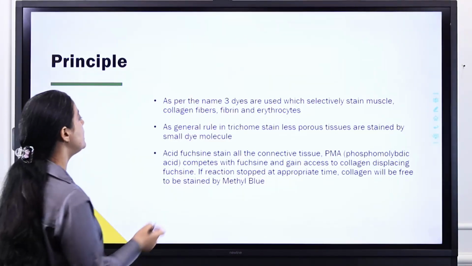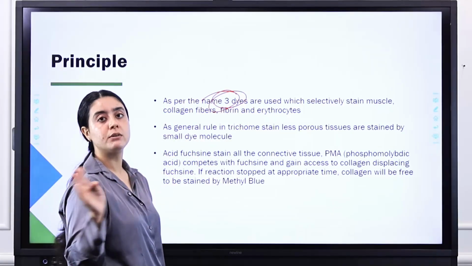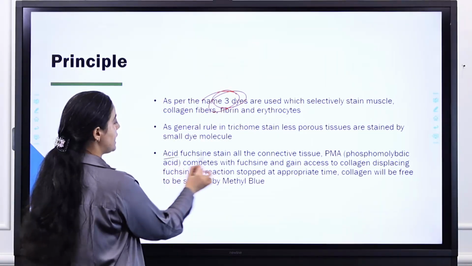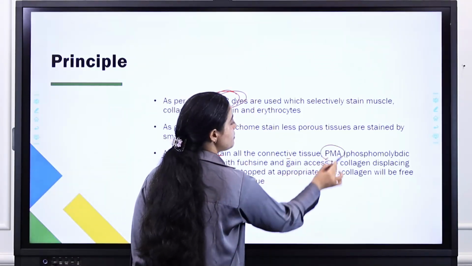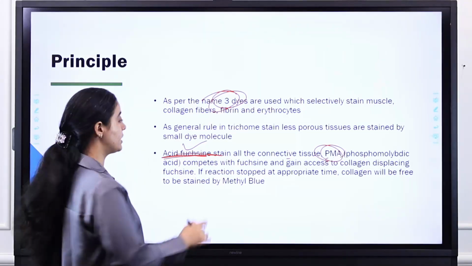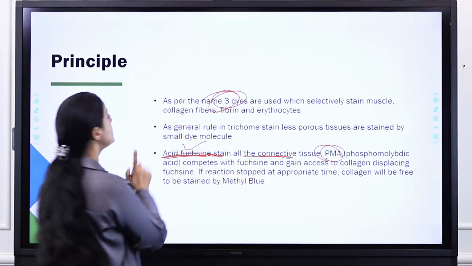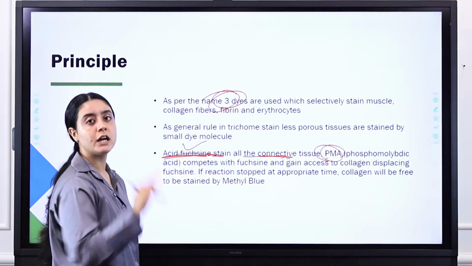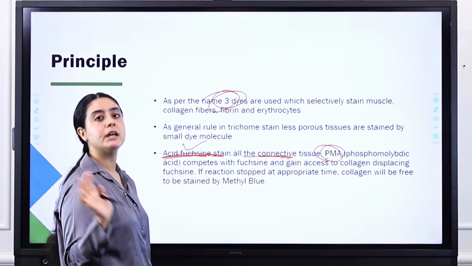What is the principle again? Here we have three dyes, each used for particular materials, such as acid fuchsin, PMA and methylene blue. Acid fuchsin stains all the connective tissue, because in this staining we have three types of dyes, and components take up the dye according to their ability.